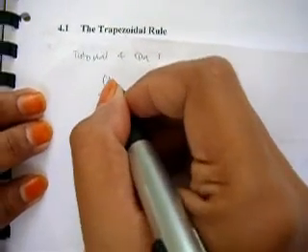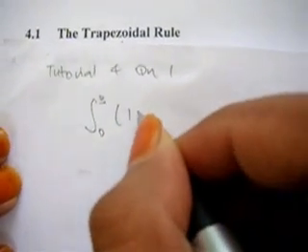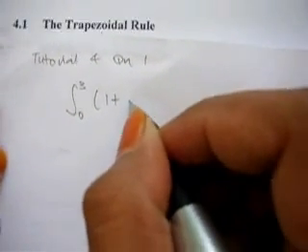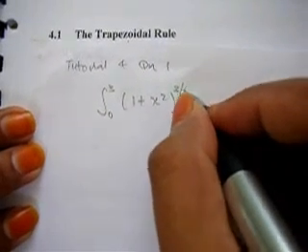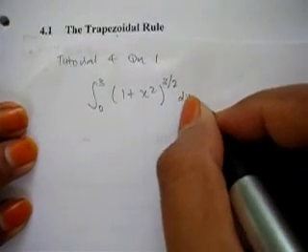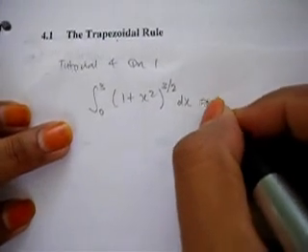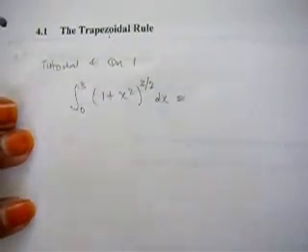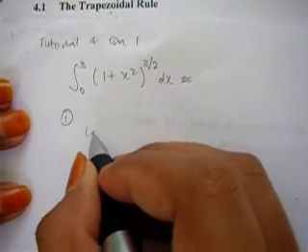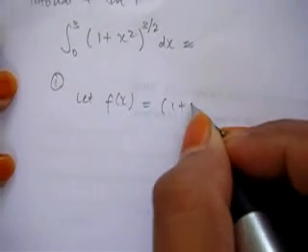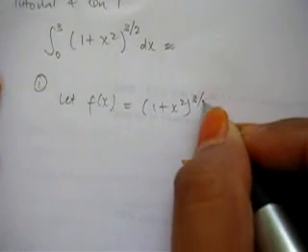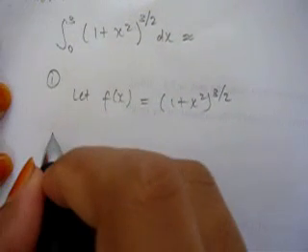The question is given by integrate (1 plus x squared) to the power of 3 over 2 dx from 0 to 3. Firstly, let f(x) be (1 plus x squared) to the power of 3 over 2.